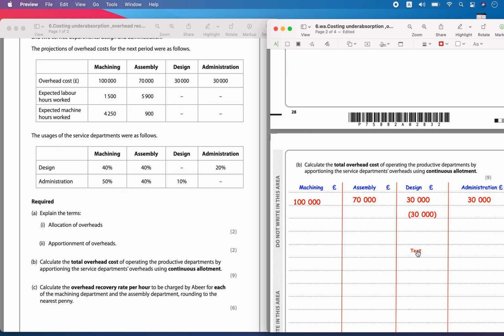Now let's put those costs here: 12,000. This 30,000 has been taken and divided in the proportion of 40, 40 and 20%.